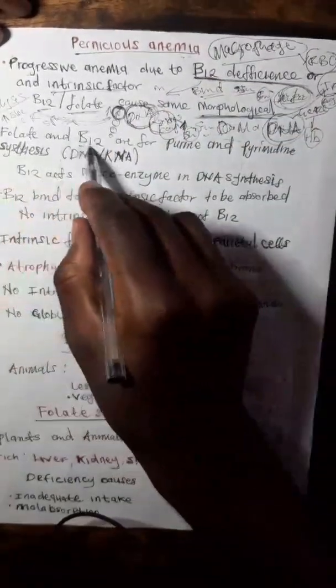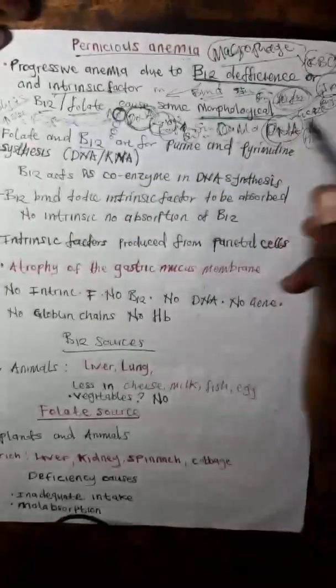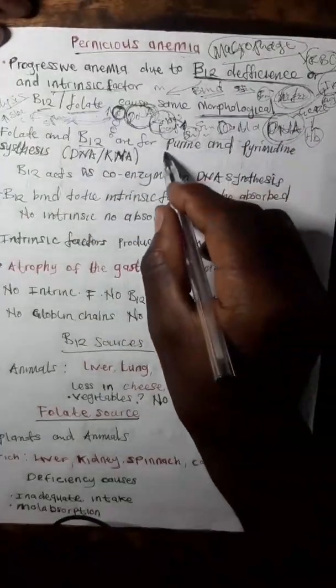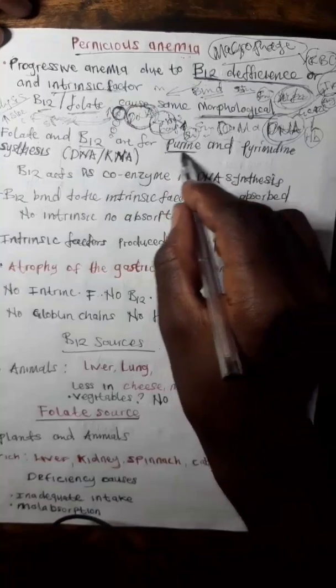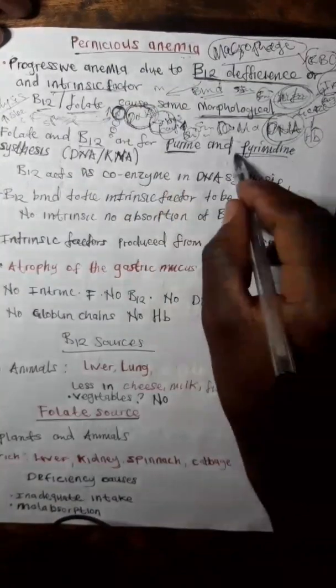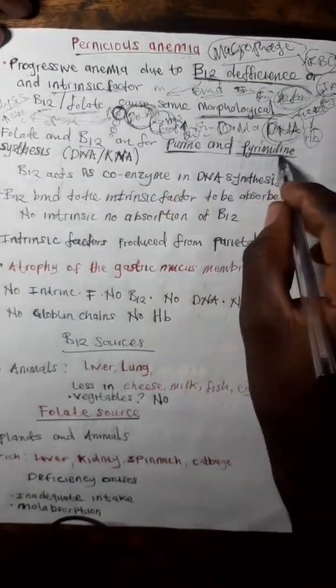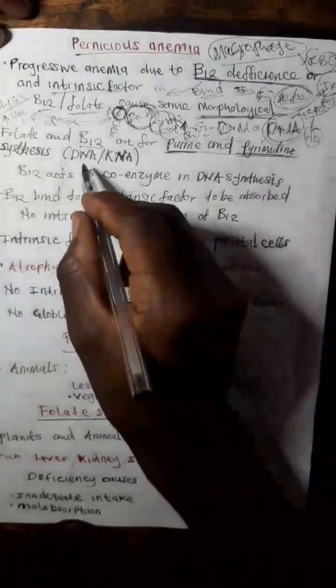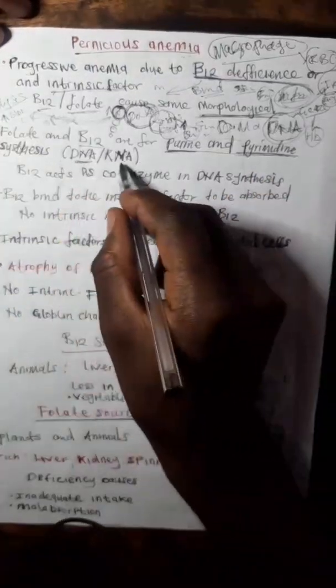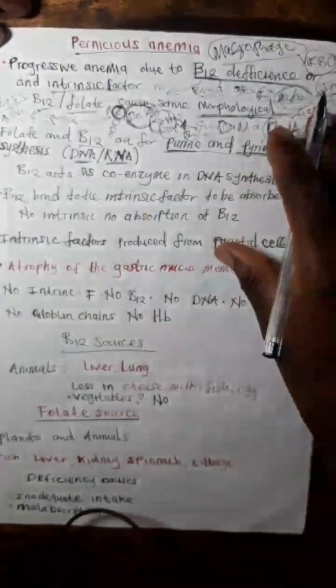So now, just like we have said, folates and also B12 are very important for the synthesis of nucleotides, which are purine and pyrimidine. These nucleotides are very important for the synthesis of DNA and also RNA.